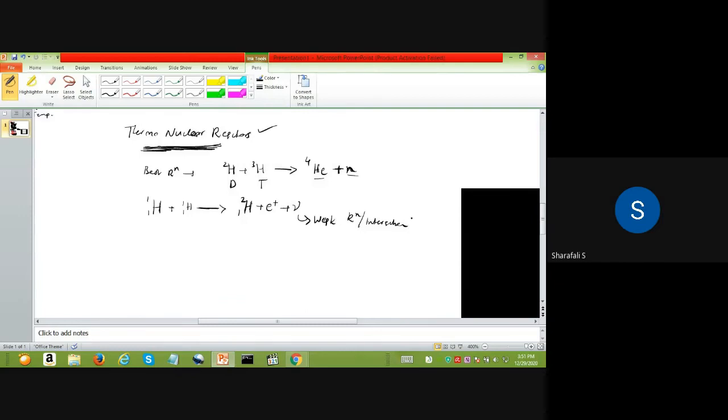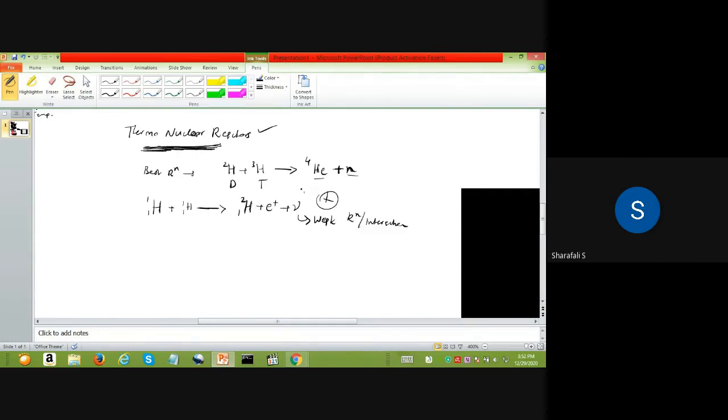So this will not contribute to the nuclear fusion process, because fusion reactions will happen within a time scale that is very small. Because of that, this reaction is not favorable for nuclear fusion, because this is a weak interaction and will take more time.